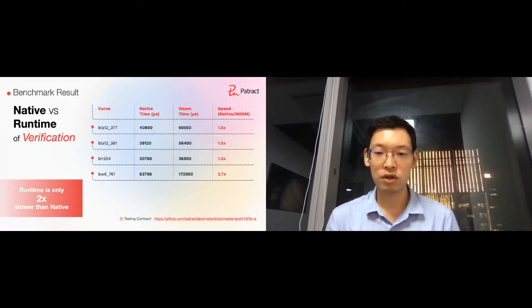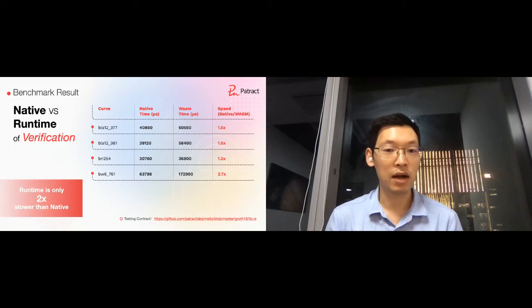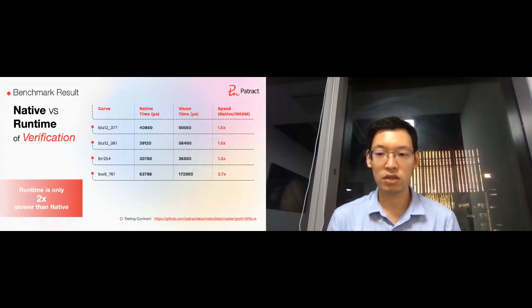And the actual consumed time is about 16 to 170 milliseconds, which is still far less than the 1 second of the block calculation time. So it's also practical.